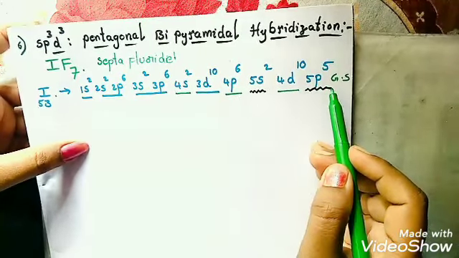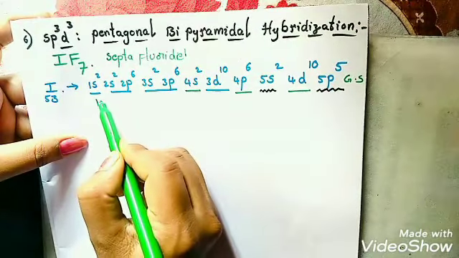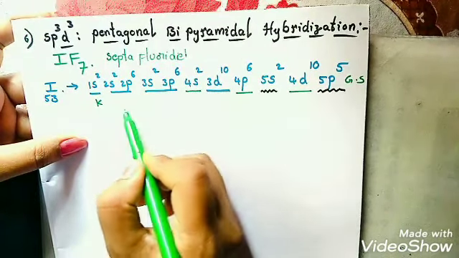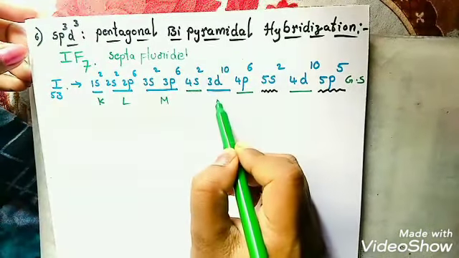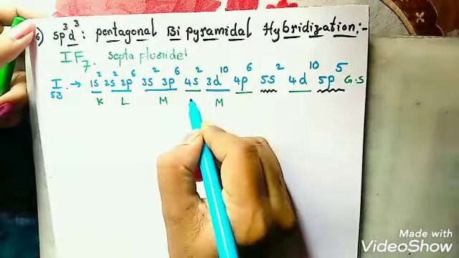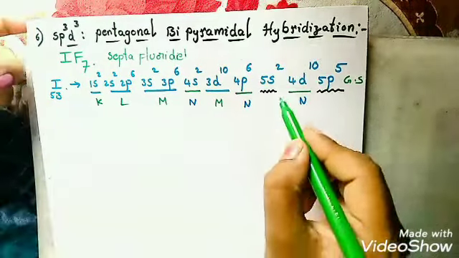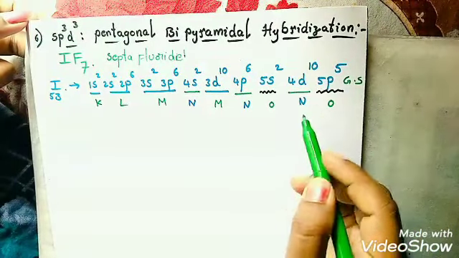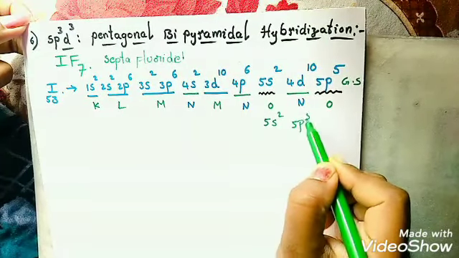Students, if you segregate this configuration shell wise, this is K shell, first shell, and students, this is second shell, L, and this is M shell, this is also M shell, and students, N shell. This is O shell. I have changed the colors here. So the outermost shell is here 5s2 and 5p5.